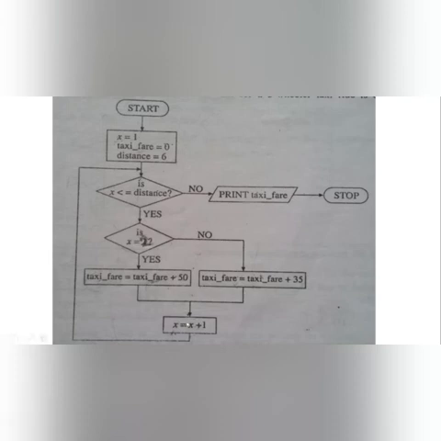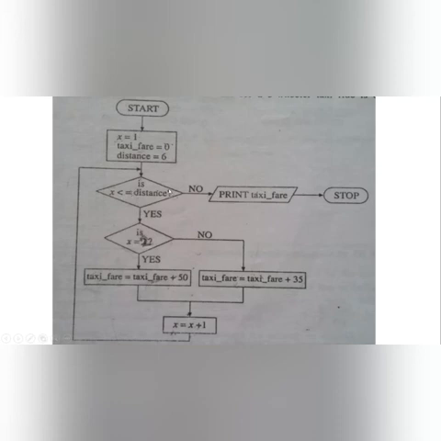So now the data flows, and now the new x is equal to 6 plus 1, which is 7. So the data flows, and in the boolean they are asking us, is 7 less than or equal to 6?